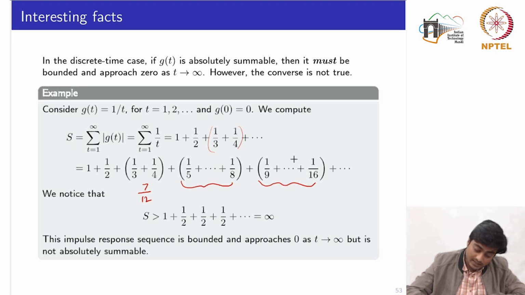So we see here that though the signal is bounded and approaches 0 as t tends to infinity, for this particular example it is not absolutely summable, because the summation is infinity.